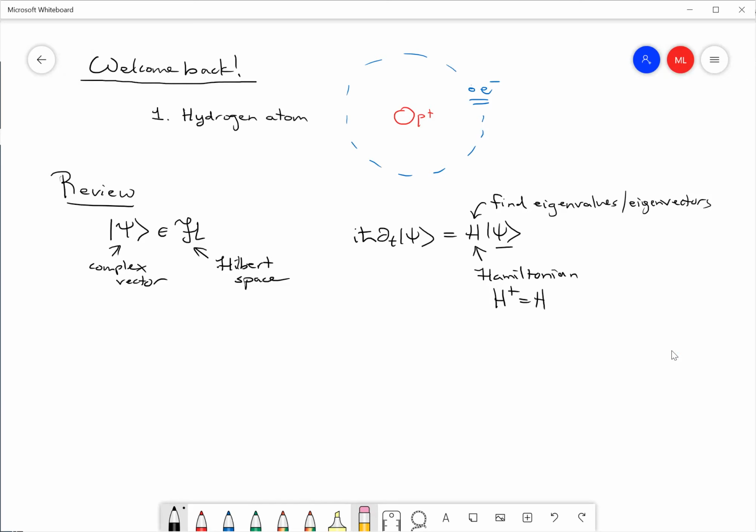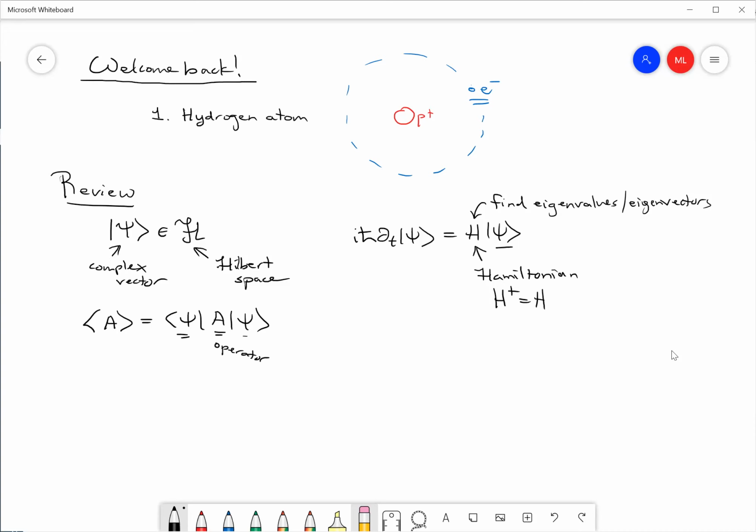Remember, when we talk about physical properties, for instance if we calculate the expectation value of some observable, it's written in terms of the inner product between the system's state vector and the observable, which is an operator that acts on the vectors.